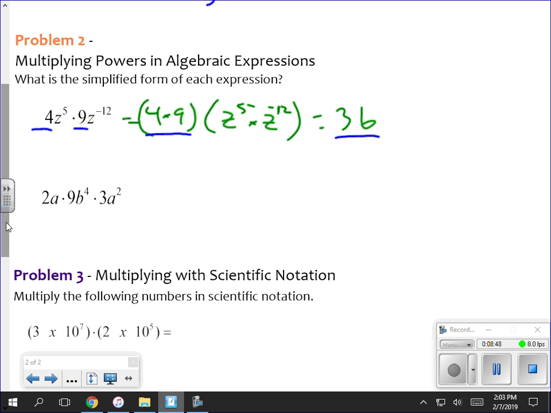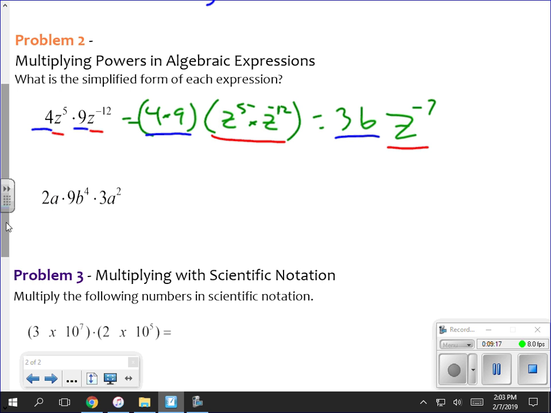You just multiply the numbers. Then you do the variable portion. z to the 5th times z to the -12. So 5 plus -12 is z to the -7. This portion gives me that part of my answer.